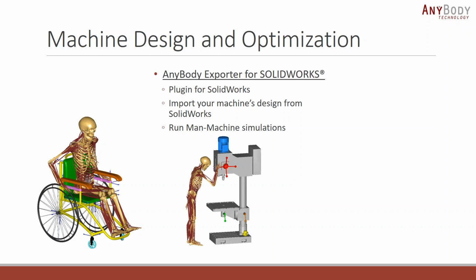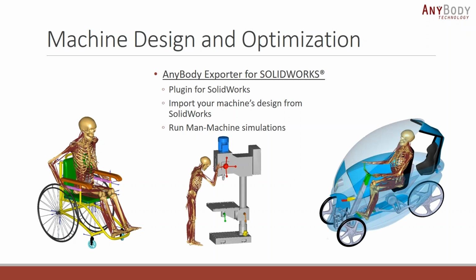This could be a wheelchair as shown here, or a workbench, or even an entire car as shown here. And this makes it, of course, much easier to create these external models and use them in AnyBody.